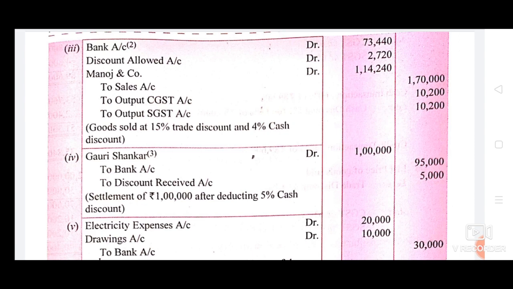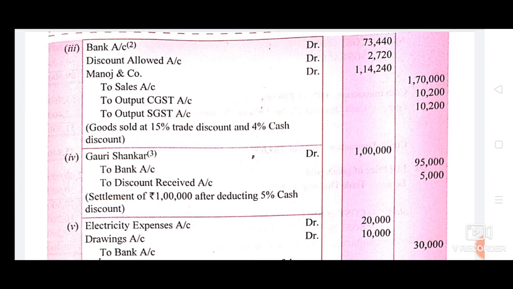Discount allowed by us, that is cash discount, is 2720, and remaining 60% is credit transaction worth rupees 1,14,240, so it is debited to Manoj and company's account because that amount is receivable from our customer Manoj and company, that is our debtor. Okay, to sales account, total original sales is of 1,70,000. To output CGST 10,200. To output SGST account 10,200. Understood? Now the next entry.